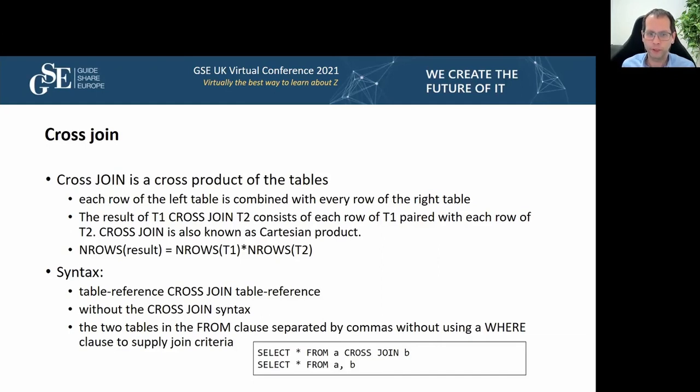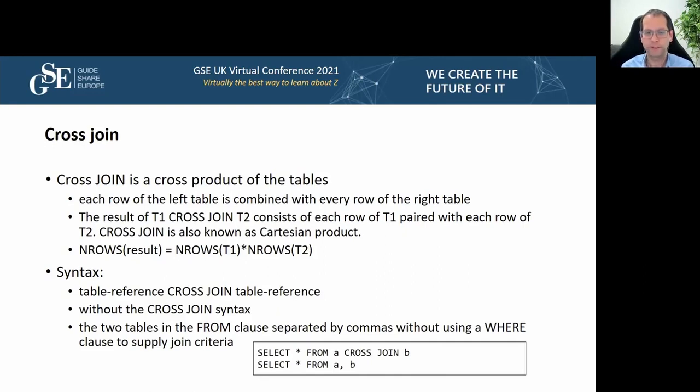In DB2, two syntaxes are available. You can see them at the bottom. The first one explicitly speaks about the cross join. So there is a CROSS JOIN keyword you can use, or you can just do SELECT FROM A, B, which will do a cross join of tables A and B.